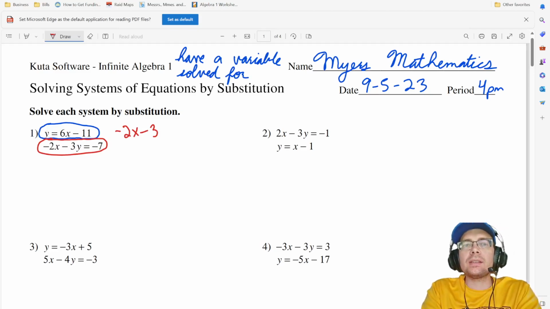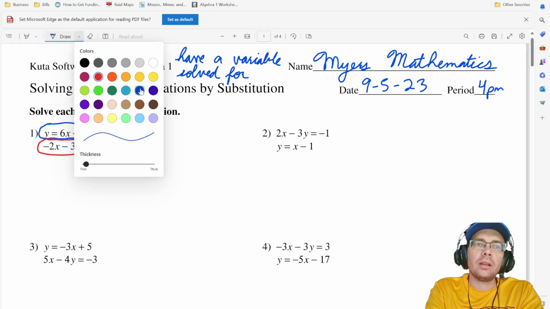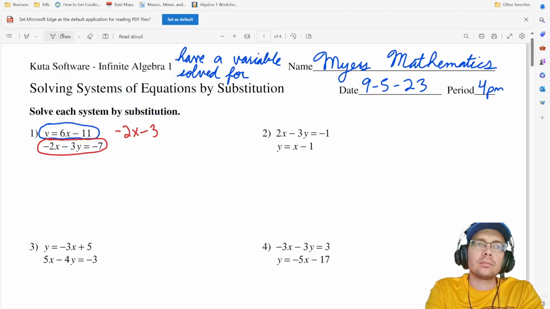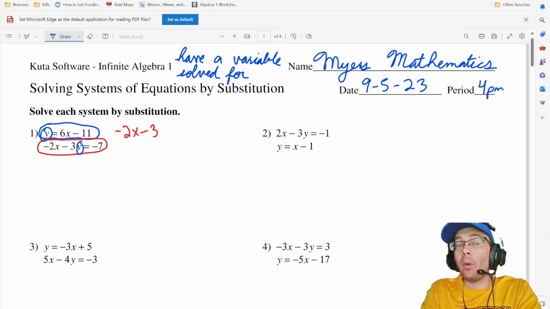So this is substitution. It's a little weird, but basically if you have y solved for, you take everything that y is and you plug it in, because there's y, there's y. It's the same y.